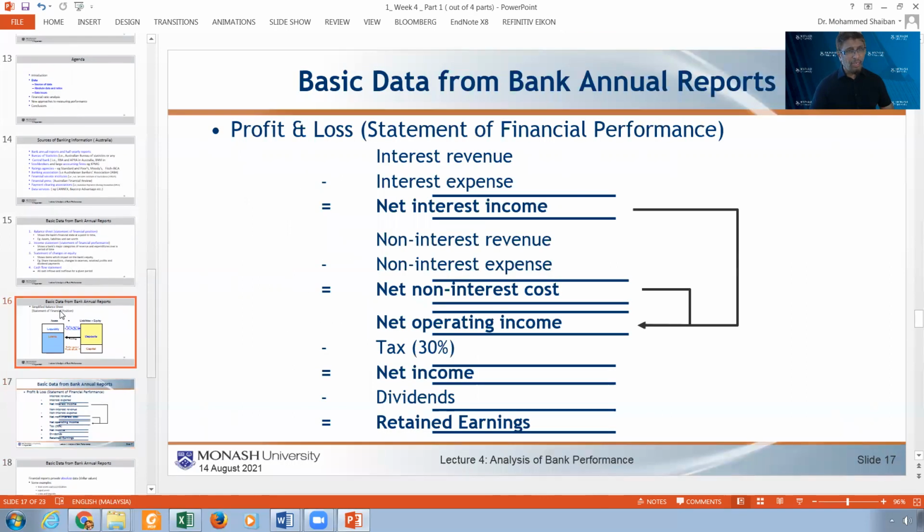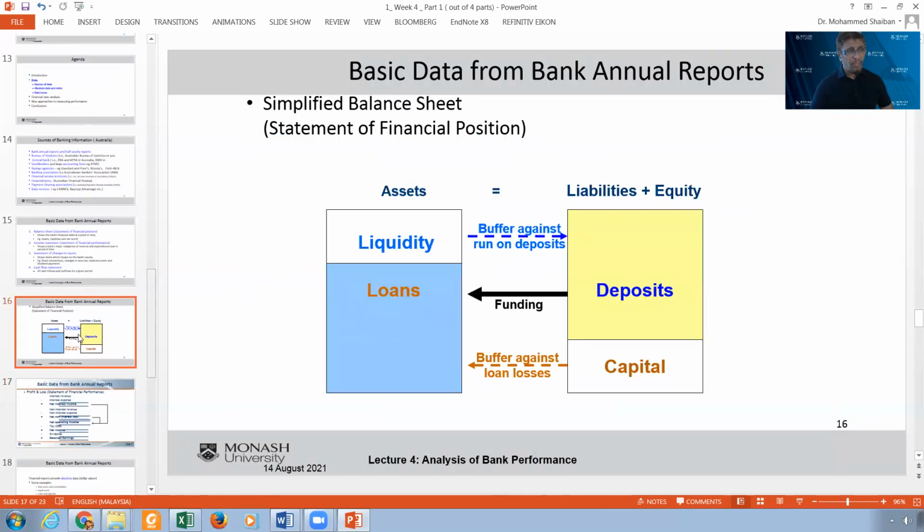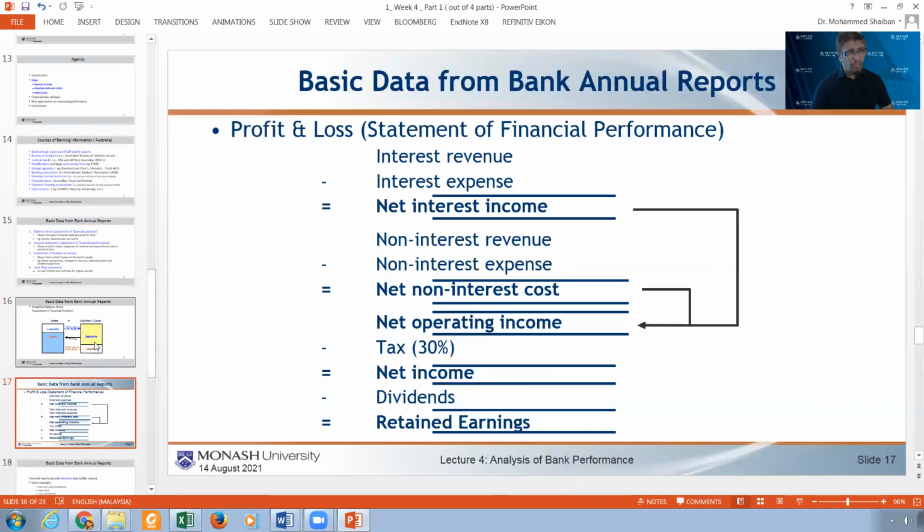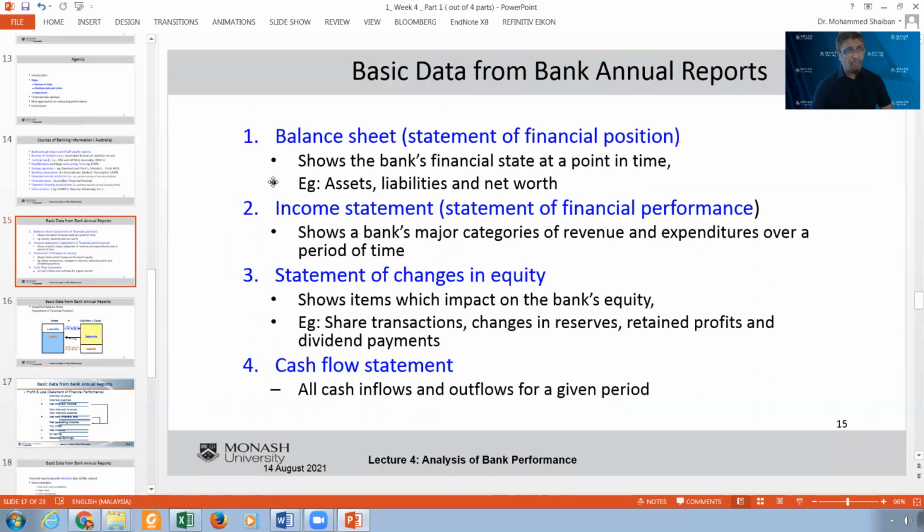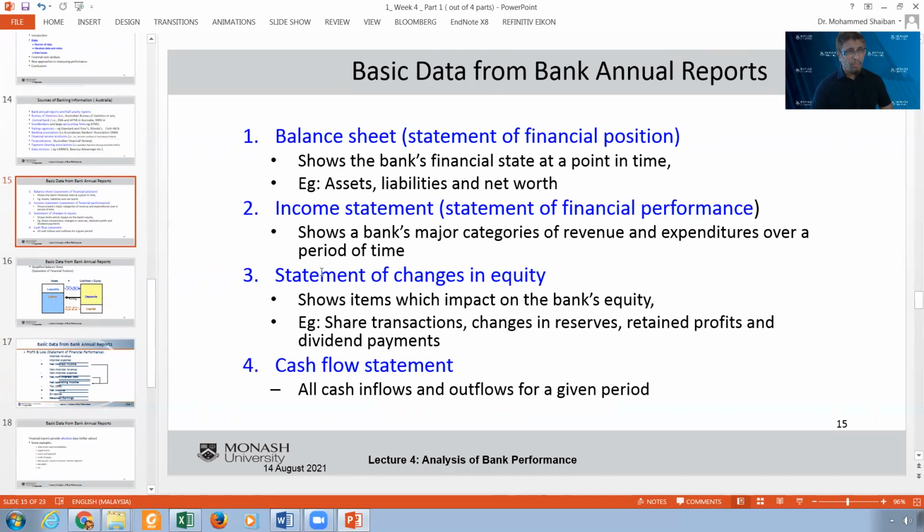So this is the information from the balance sheet, as I said, and this is the information from the income statement. This is when we talk about the first part, which is the annual report. This is the basic data from bank annual reports, all of those.